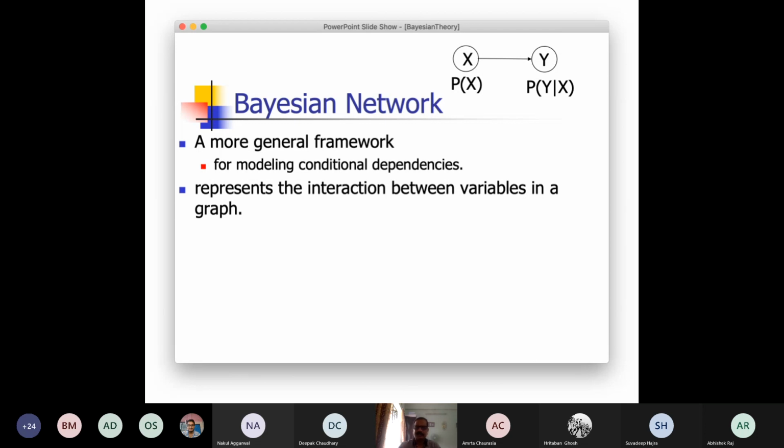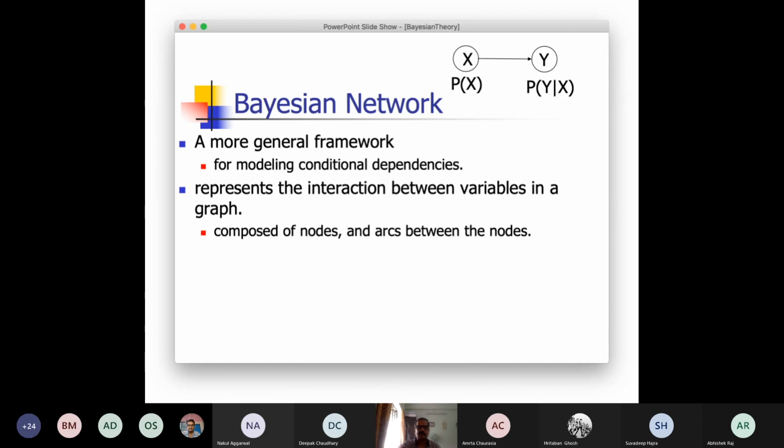As I mentioned, it's a more general framework, and the conditional dependencies among the random variables are represented in the form of a graph, a directed graph, in fact a directed acyclic graph.